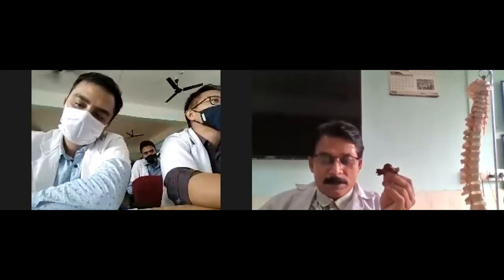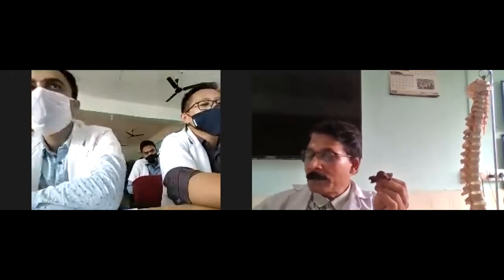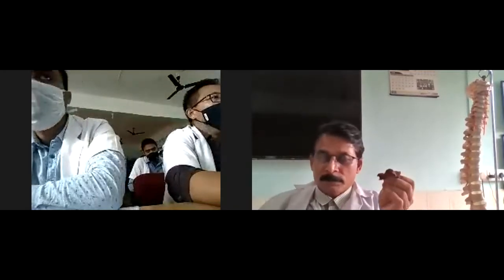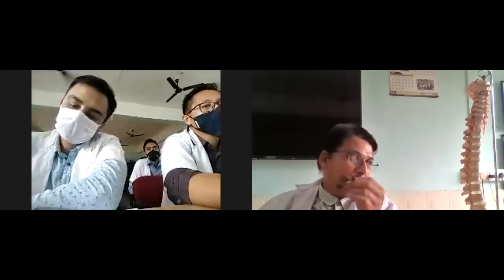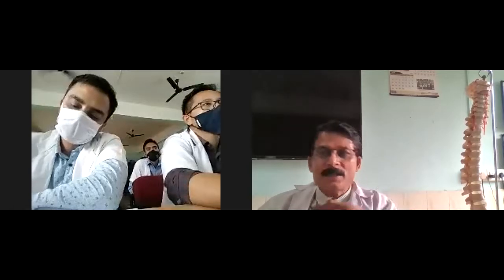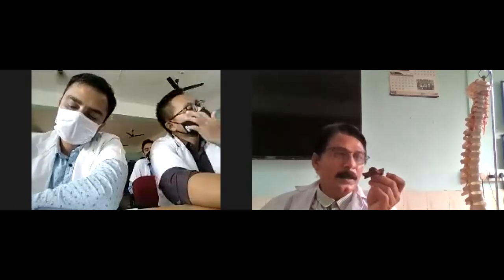And we had already discussed this while talking about the cervical spine vertebra, compared to the other vertebrae, thoracic and lumbar. The C1 and C2 are a bit different. C3 onward, they are all almost similar.